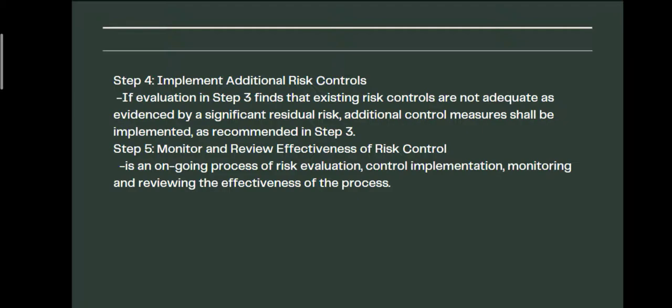For step 5, which is monitor and review effectiveness of risk control, it is an ongoing process of risk evaluation, control implementation, monitoring, and reviewing the effectiveness of the process.